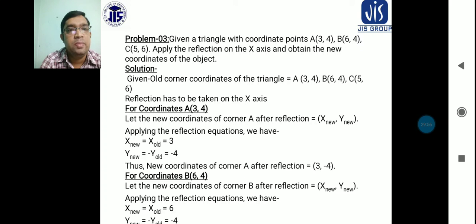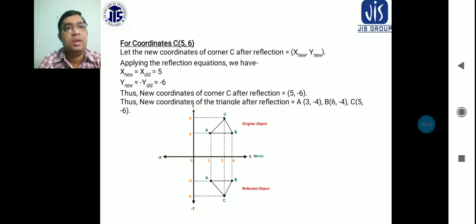For B 6 4, applying the reflection equations, x new equals x old equals 6, and y new equals minus y old equals minus 4, so the new reflection point is 6 minus 4. Similarly, for C we get 5 minus 6 as the new reflection point.